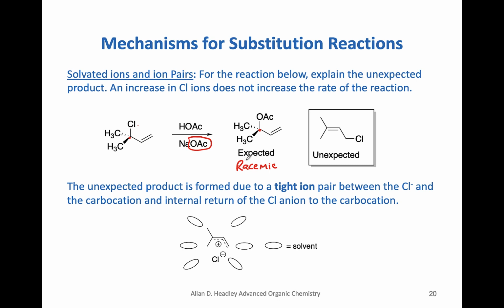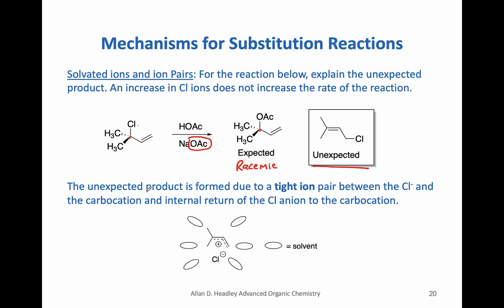So that's expected, but here is the product that was actually isolated. So it appears as if the Cl moved over to here. As chemists and as analytical scientists, we need to explain this formation.